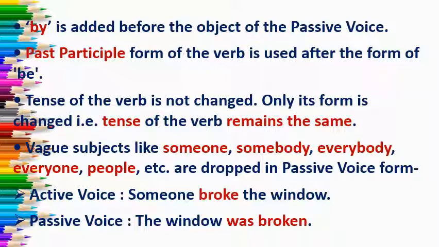So according to the rule, the object will become the subject, and the vague subject, that is someone, will be omitted. It will be dropped in the passive voice because it is understood that someone broke the window. So these were the rules when we change active into passive.